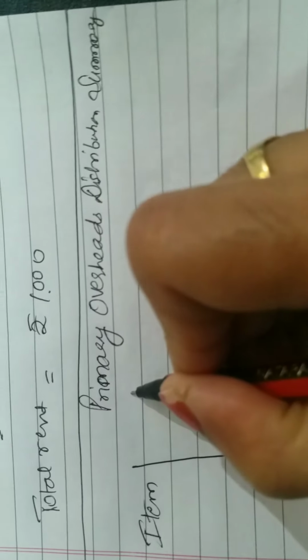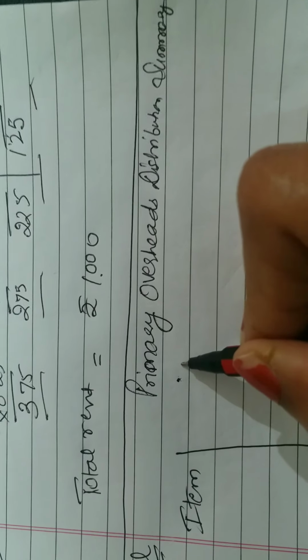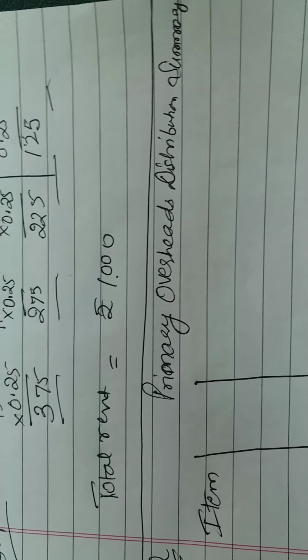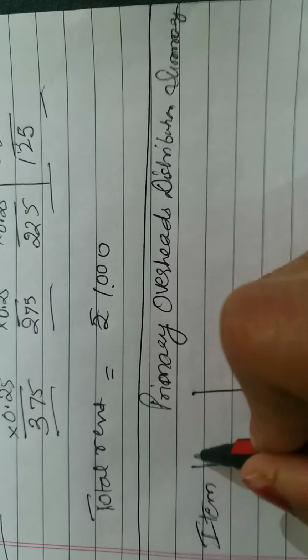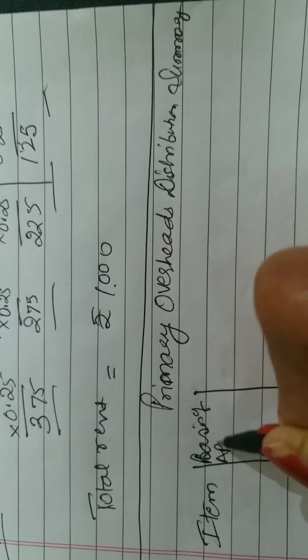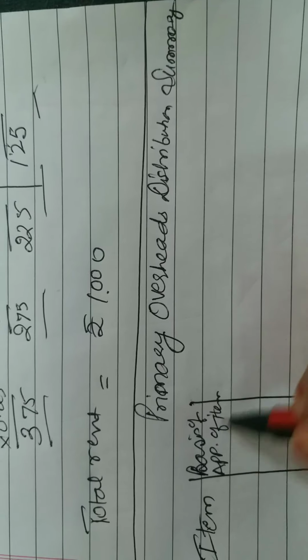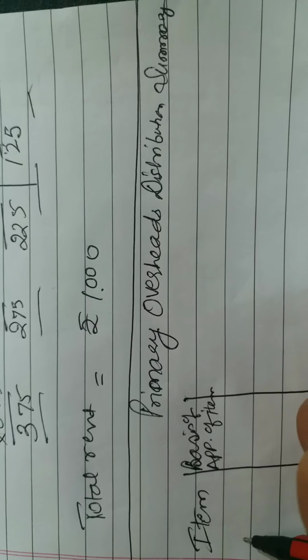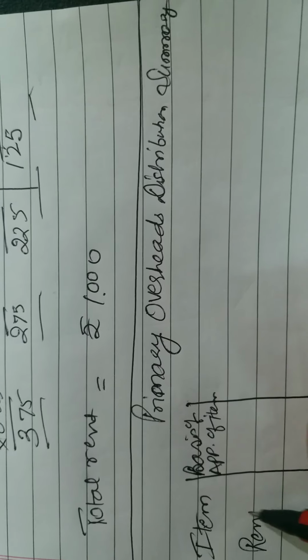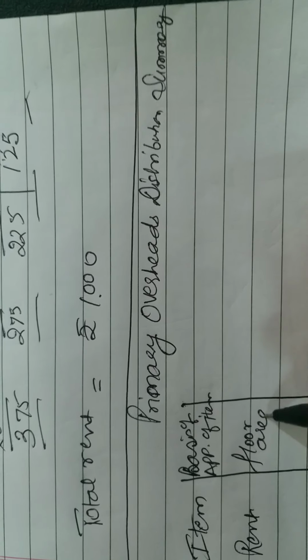Then the departments. I'm leaving certain space over here because it is better that we write down the basis of apportionment of the item. So which is the best base I am using? For example, just now the item was rent and we used the best base, that was the floor area.